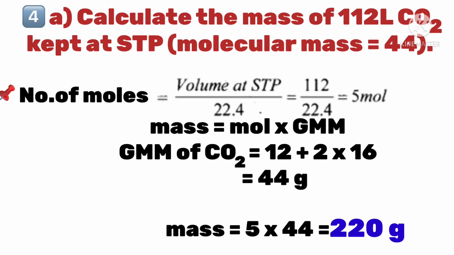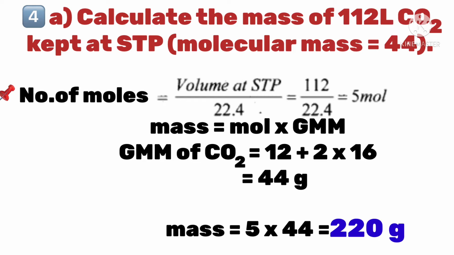Fourth question. A. Calculate the mass of 112 liter CO2 kept at STP, given that molecular mass equal to 44. Number of moles is equal to volume at STP divided by 22.4, which is equal to 112 divided by 22.4, that is equal to 5 mole.